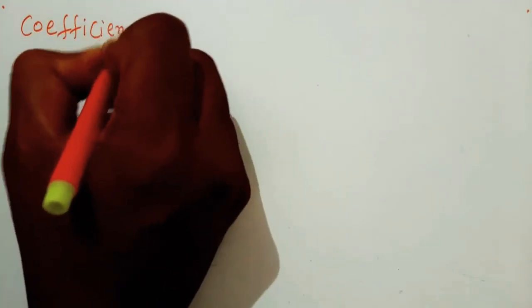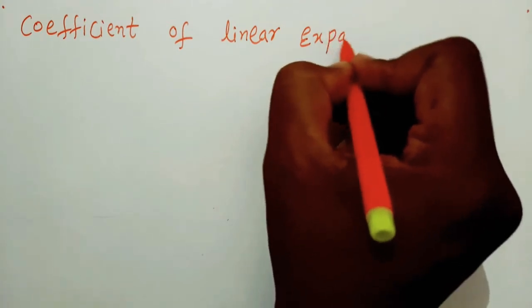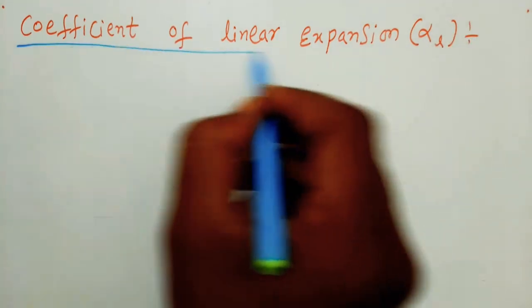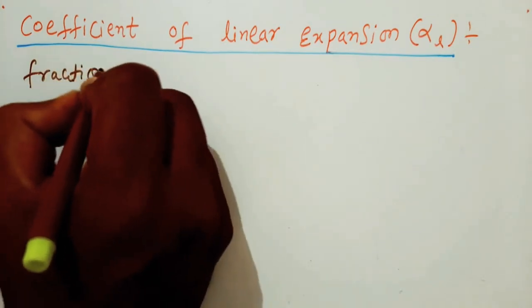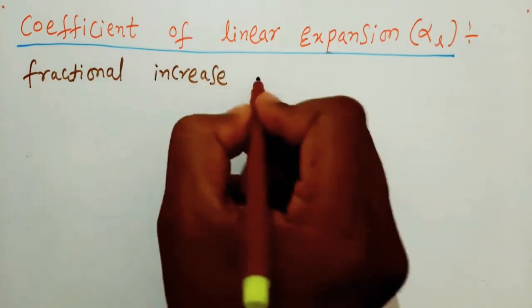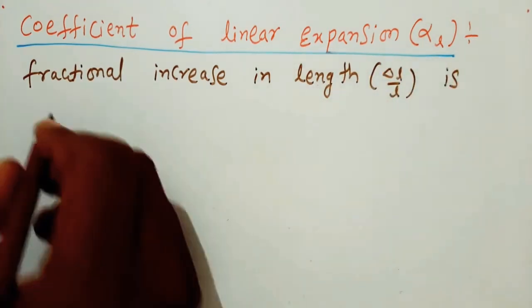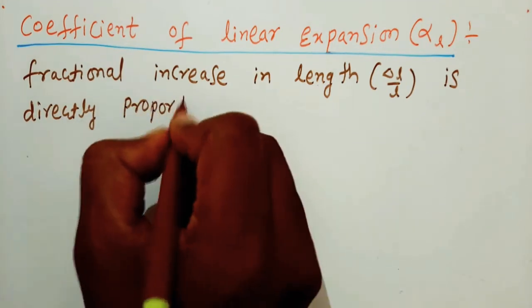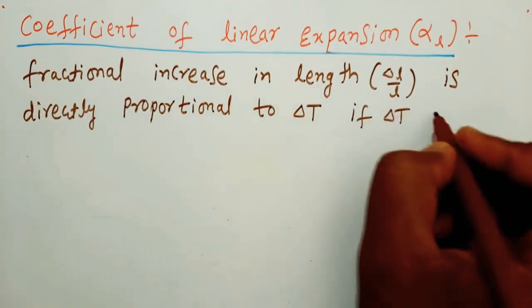Coefficient of linear expansion, that is alpha L. Fractional increase in length, that is del L by L, is directly proportional to del T, if del T is small.